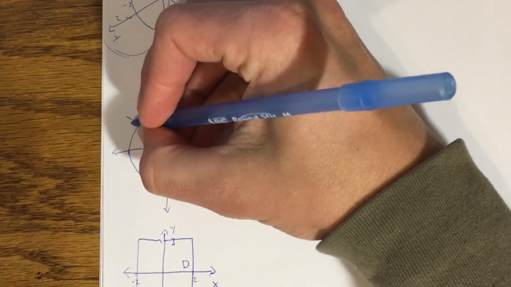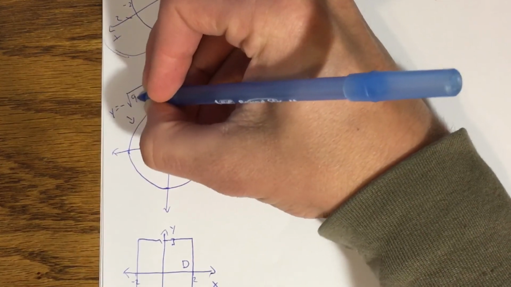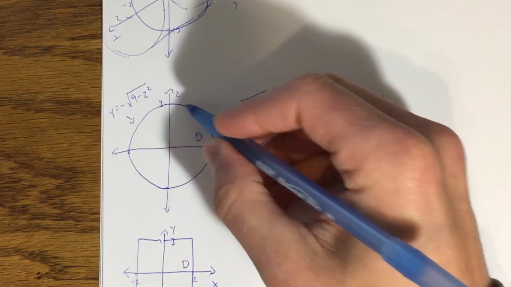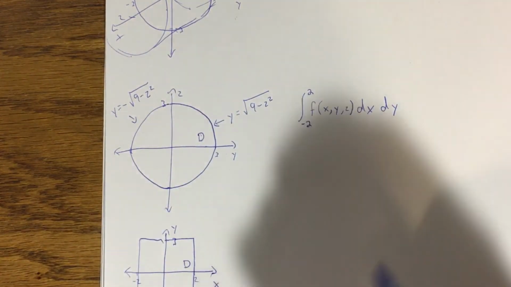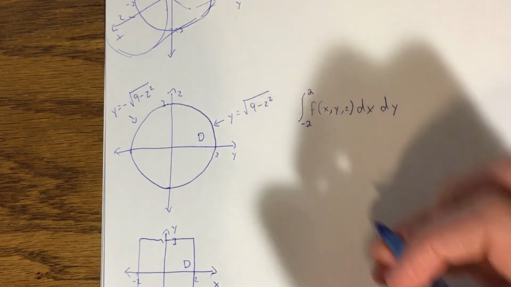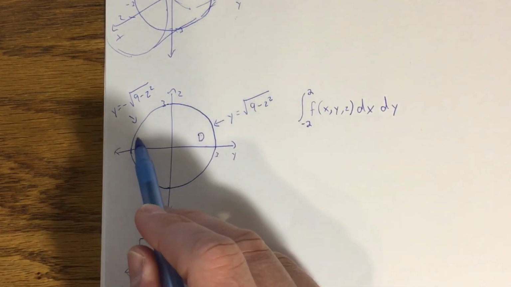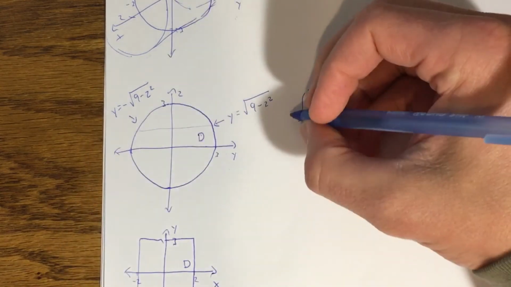Similarly, I can write y equals negative square root of 9 minus z squared. It's the two halves, the right and left half of this circle. Those are going to give me bounds on the y. Y has to lie between these two functions.